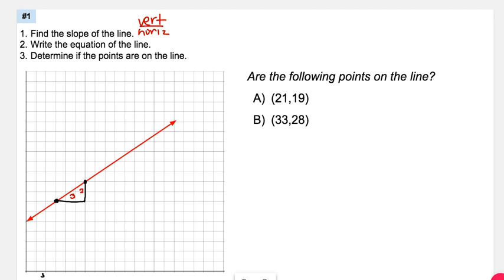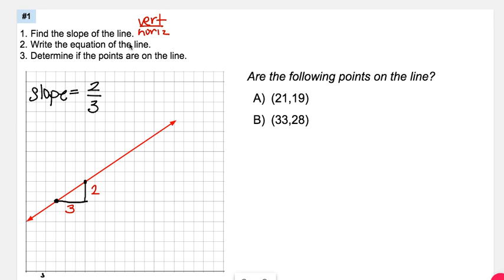Let me get these out of the way so that we can see my numbers a little better. There we go. All right, so on my slope triangle, my vertical distance is 2, horizontal is 3. So you're going to need to find a place on your graph and write slope equals 2 over 3. You need to write that somewhere on the graph.